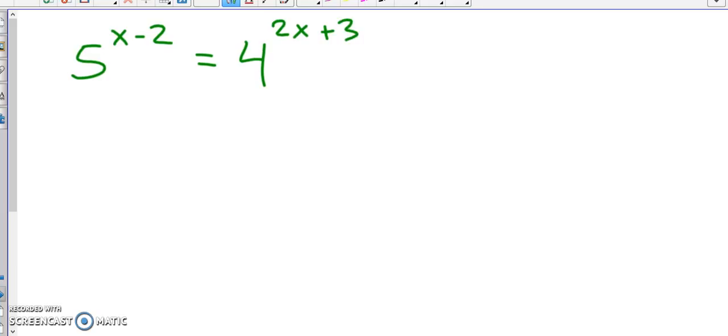This one's tougher. You can't make the bases match. I mean, you could, but it'd be uglier than what's worth it. So what's our only other option?